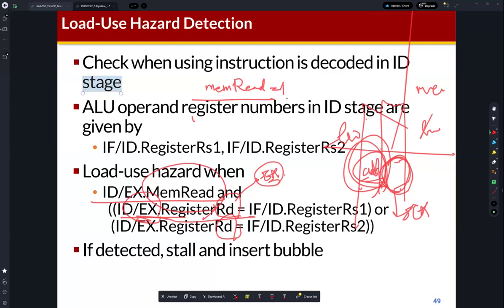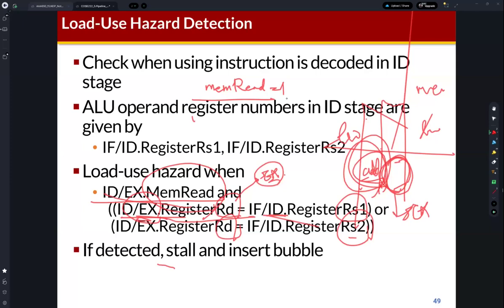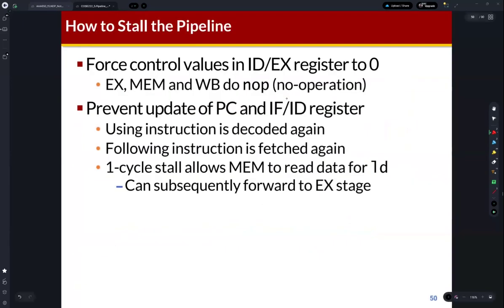Then the following instruction is in the ID stage, so we use the RS1 and RS2 in the ID stage. We compare RD with RS1 or RD with RS2, and the instruction in the EX stage is the load instruction, a memory read. In this case, we can detect the load-use data hazard. Then if detected, stall and insert a bubble.